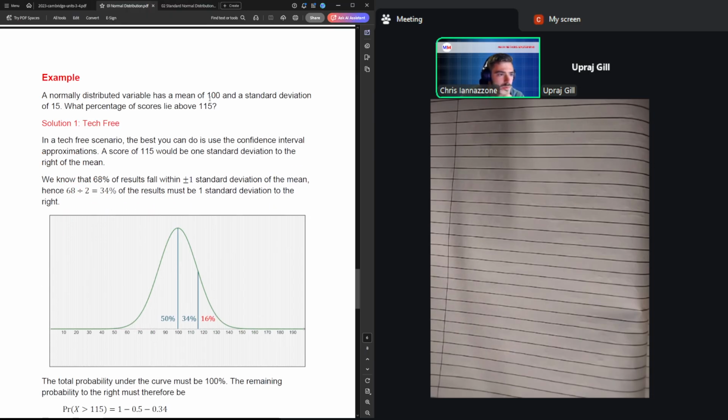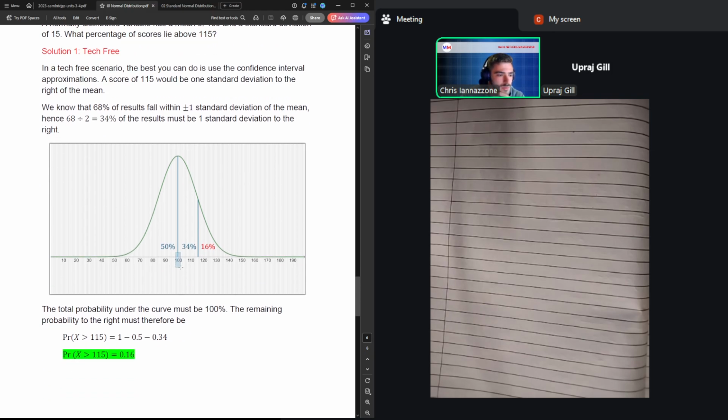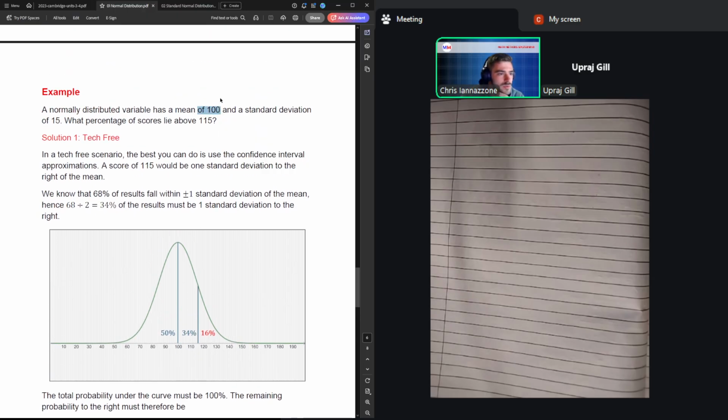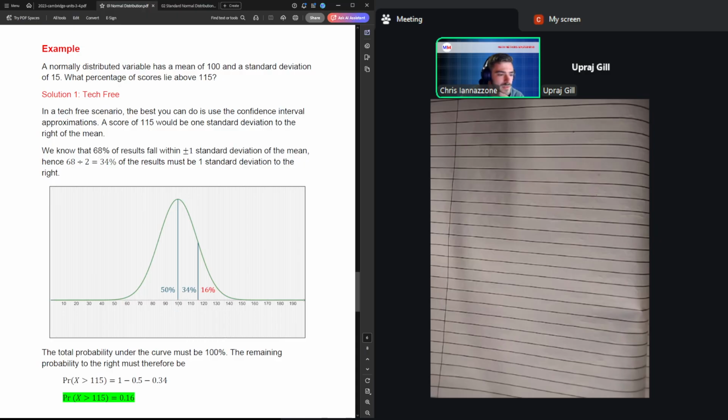How does that look? Well, fundamentally, you'll be given the mean and standard deviation, and you'll be told to figure out what probability you're looking for. So you draw this out by hand relatively easily. Usually what you do is you draw out the mean first, and then just draw a little bell curve centered at that. If you want, you can do tick intervals of 15 either side. So 115 here would be your one standard deviation.